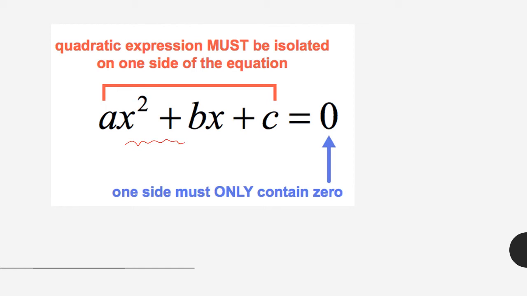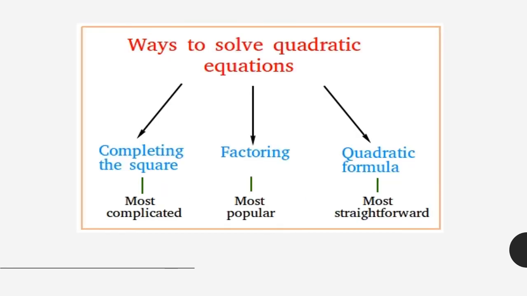You can keep them on the right hand side as well, but one of the sides should be only 0. So we transpose all the terms to a single side and equate it with 0.